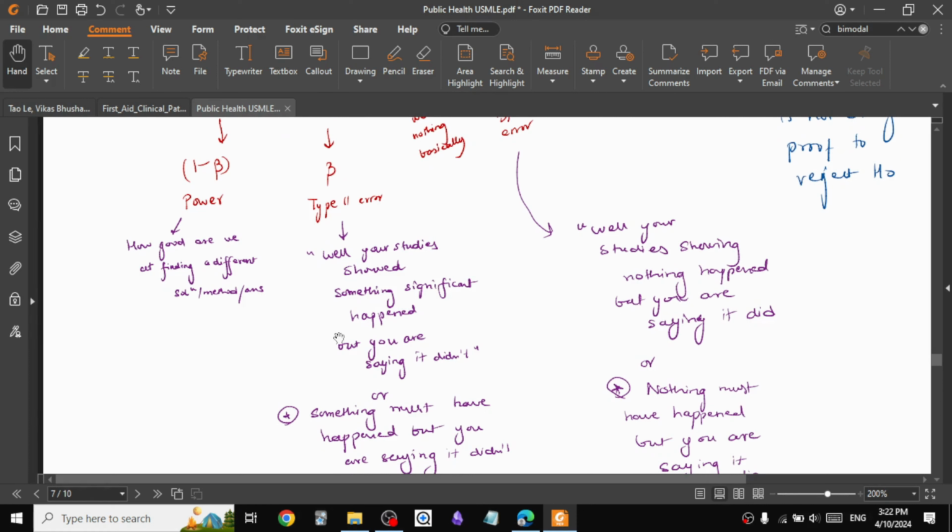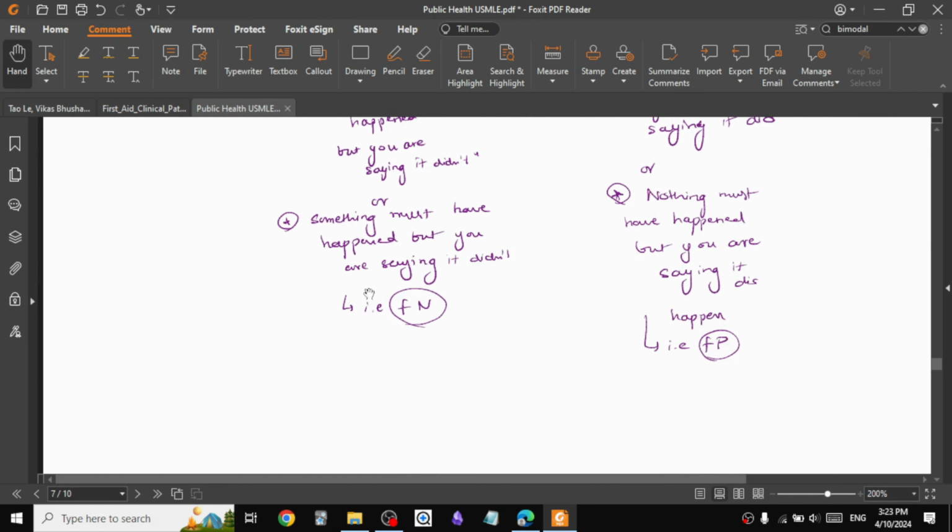So that's what the beta error, or the type 2 error, is indicating: either something significant was there and you don't know about it, or you didn't show it, and you're reporting it as if nothing happened. Something must have happened, but you are saying it didn't. That is the false negative error. So type 2 errors are false negative errors.